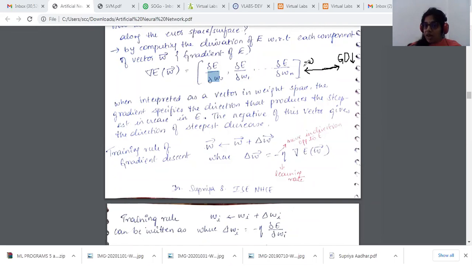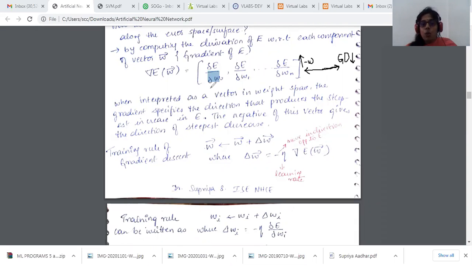And I want my weight to be updated. It can be minus or plus, but I want it to be updated corresponding to the direction which is negative to gradient descent. If my gradient descent is going low, obviously my weights will be increasing. If my gradient descent is going high, which means it's always opposite. The directions of gradient descent and the weights are always opposite. It's a negation of it.